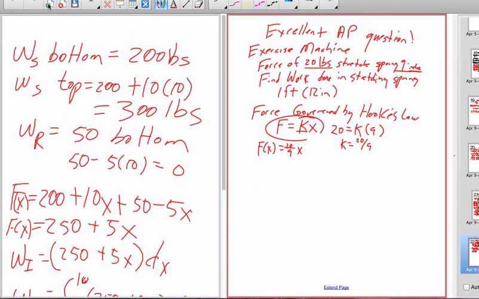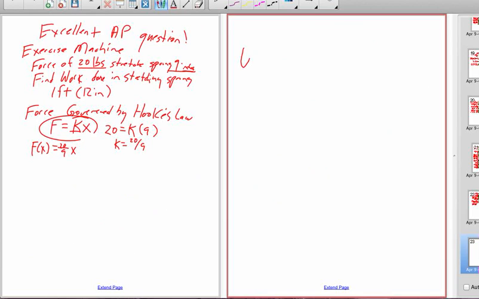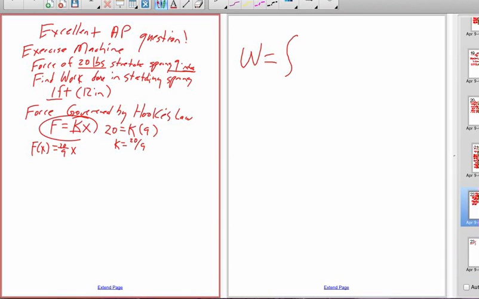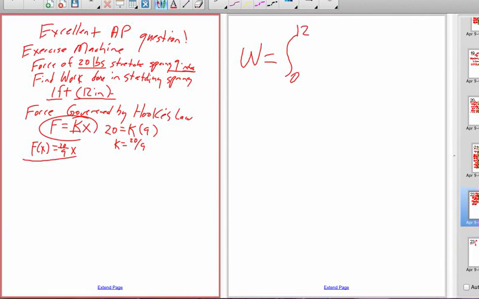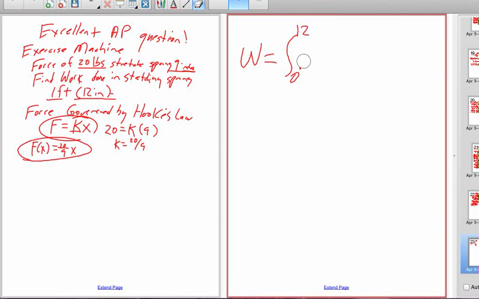Believe it or not, this is the hardest part. Finding the work then is just going to be the integral over the distance and moving it 1 foot, which is 12 inches. So 0 to 12, make sure you have consistent units, of my force, which is 20 over 9 x, and the differential distance dx that we've moved this thing.